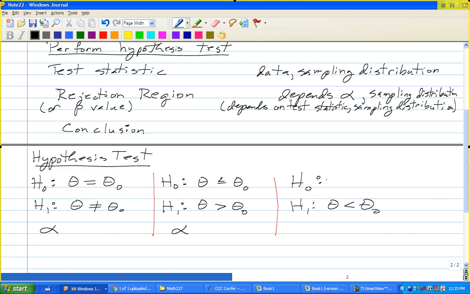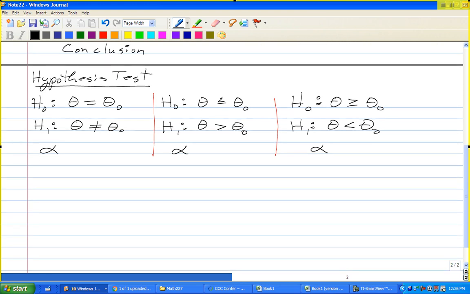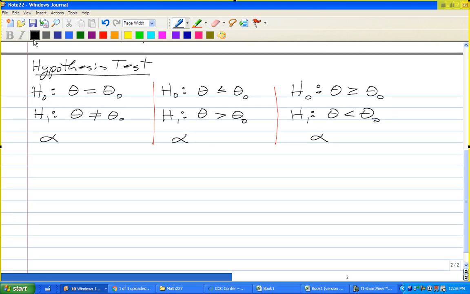The null hypothesis says the opposite, that it's greater than or equal to some value. And of course, we have some level of significance. This is called a two-tailed test. This is called a right-tailed test. And this form is called a left-tailed test.